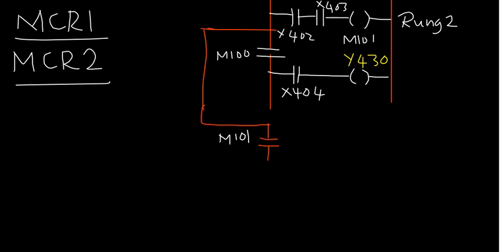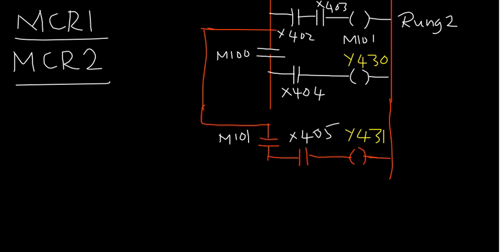Now after having written M101, I will have one more input and one more output here. So again my input I write here as X405, and here the output I write it as Y431. The output is Y431.